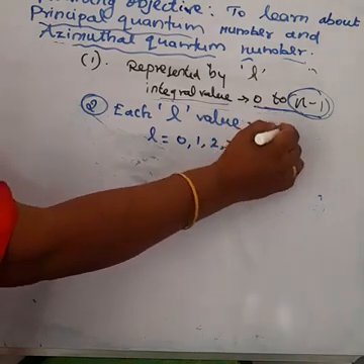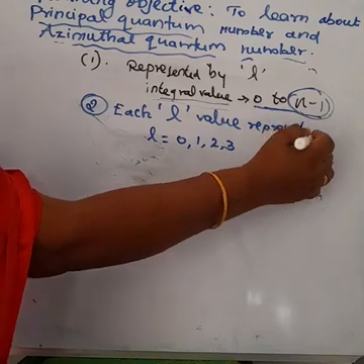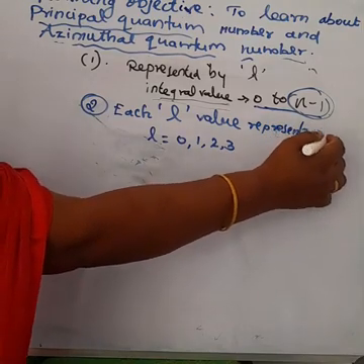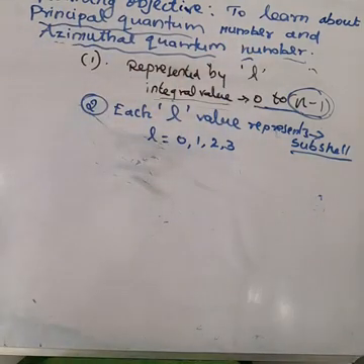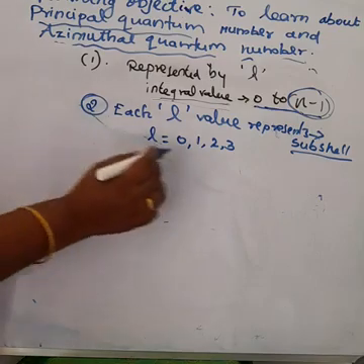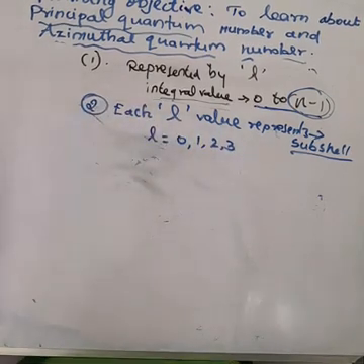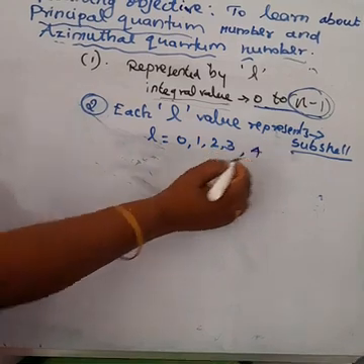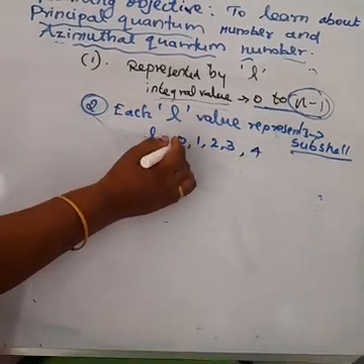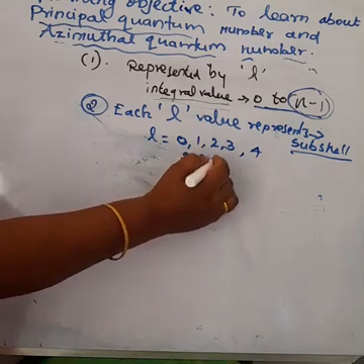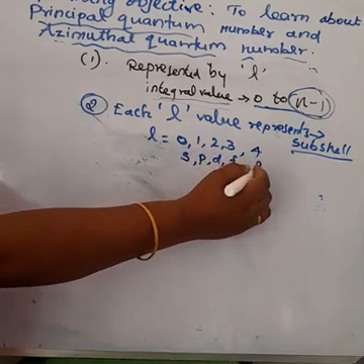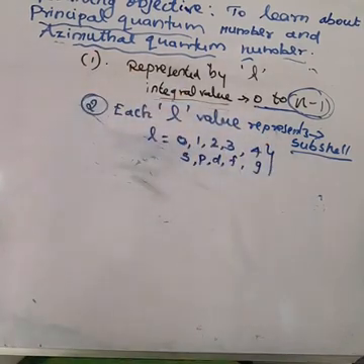When L is equal to 0, 1, 2, 3 and 4, it represents S, P, D, F and G respectively.